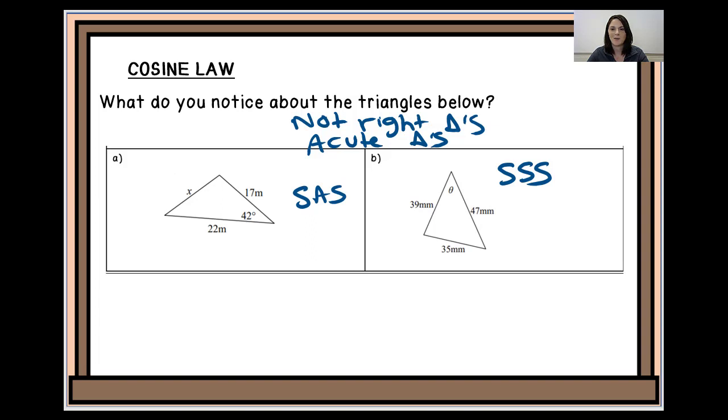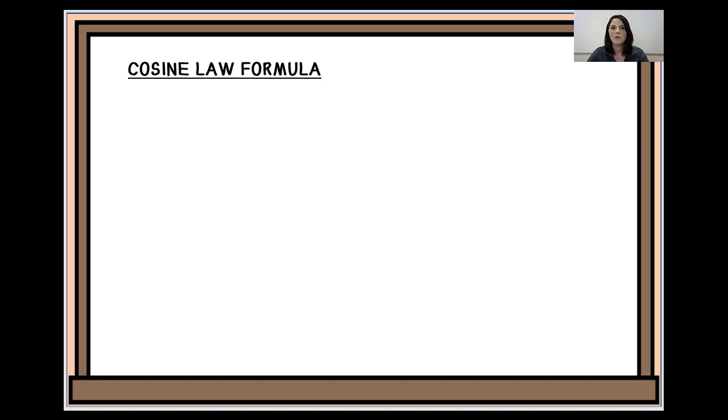Okay, let's look at our next example. So we're going to be looking at the cosine law formula. There are two versions, one for if you're looking for a missing side length and one for if you're looking for a missing angle.